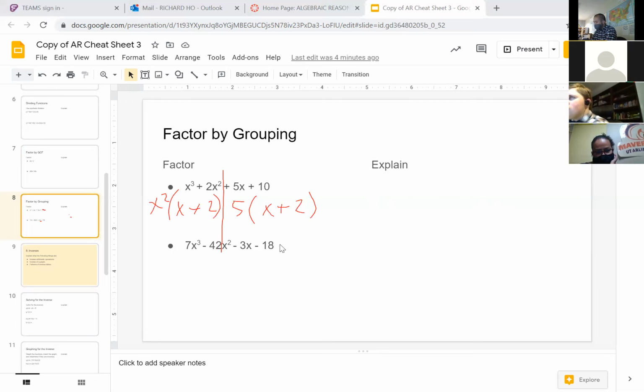So you take these two terms, that's x squared plus 5, and then this term is the same, so that's just going to stay x plus 2. This is what that answer will look like. That's factor by grouping. It's basically like GCF, but a bunch at the same time.